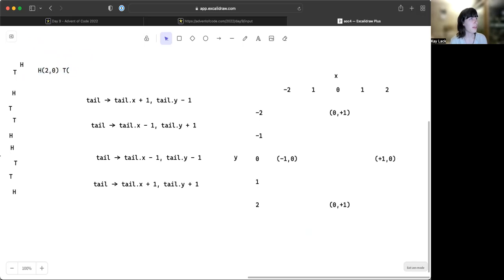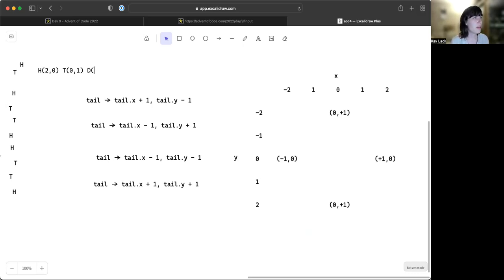The tail is, let's say 0, 0. Or rather 0, y being 1. So y is 0, tail y is 1, x is 0, tail x is 2. Okay.